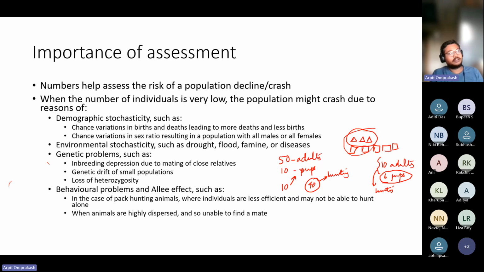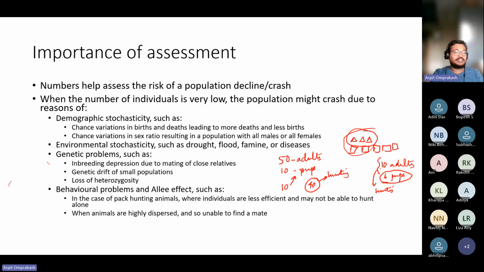This might lead to predation of the pups and lower survivability of the pups. And even if these 10 adults are not able to hunt efficiently and get enough meat, that also might lead to development of diseases or deficiencies and lead to a decline in the population size.